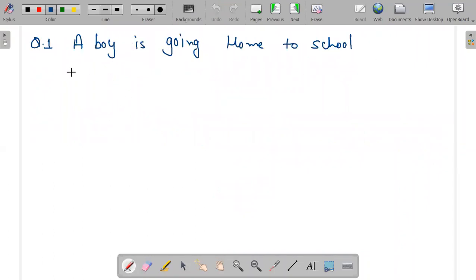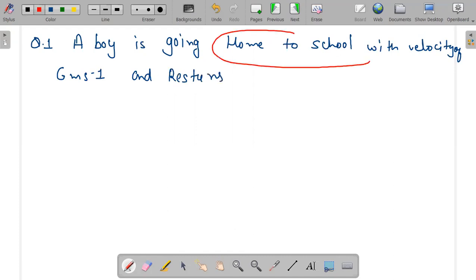So home to school with velocity of 6 meter per second, and returns again. Now it is also direction. This is direction and this is my direction. So I can find velocity.